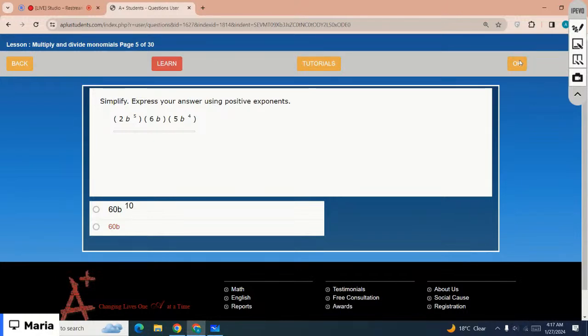Yes, that is 60b10. Option number 1 is the correct option.